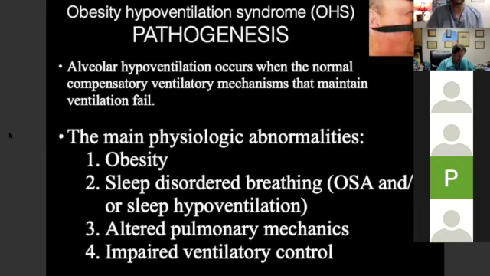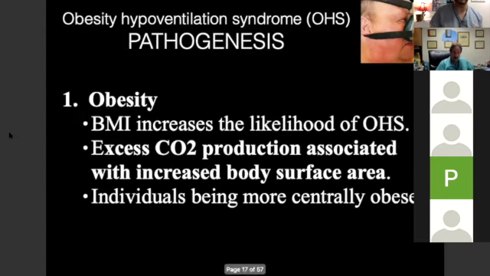Alveolar hypoventilation occurs when the normal compensatory ventilatory mechanisms that maintain ventilation fail, right? So I'm going to go through each of these four things. Obesity: BMI increases the likelihood of OHS. You actually make more CO2 with increased body surface area, right?